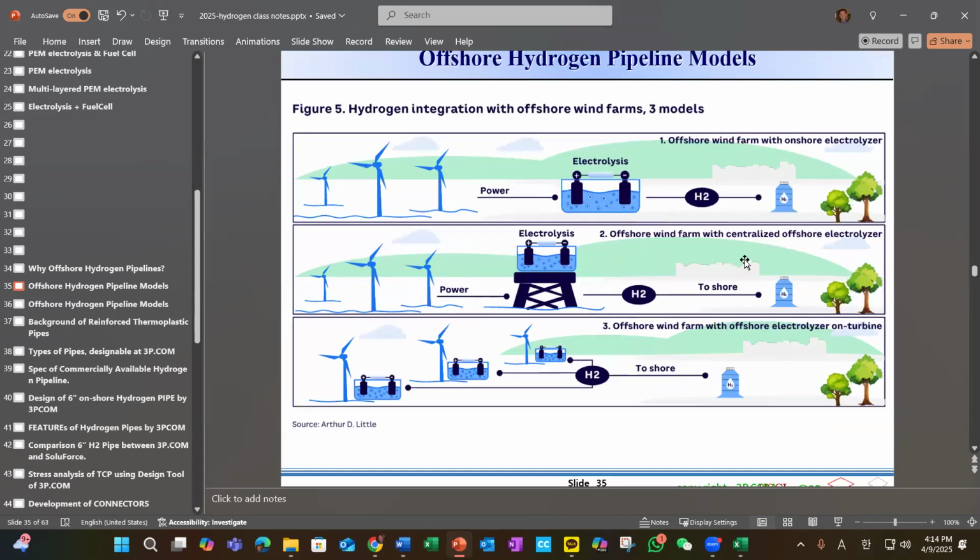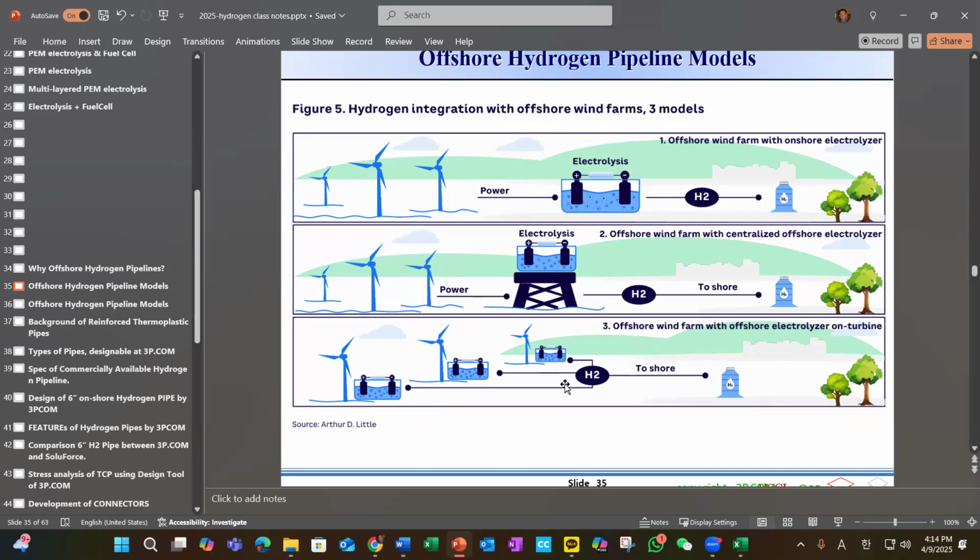Okay, this is the graphical overview again: hydrogen integration with offshore wind farms. There can be several different models. The one we just watched was like this at the bottom.